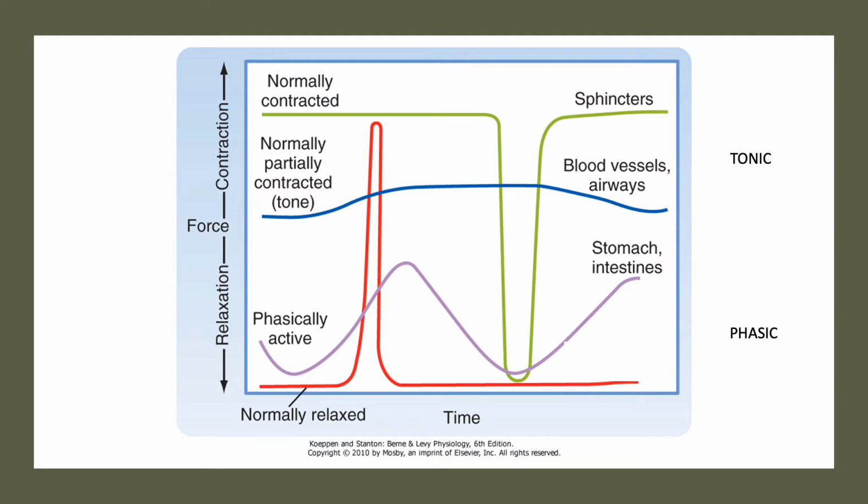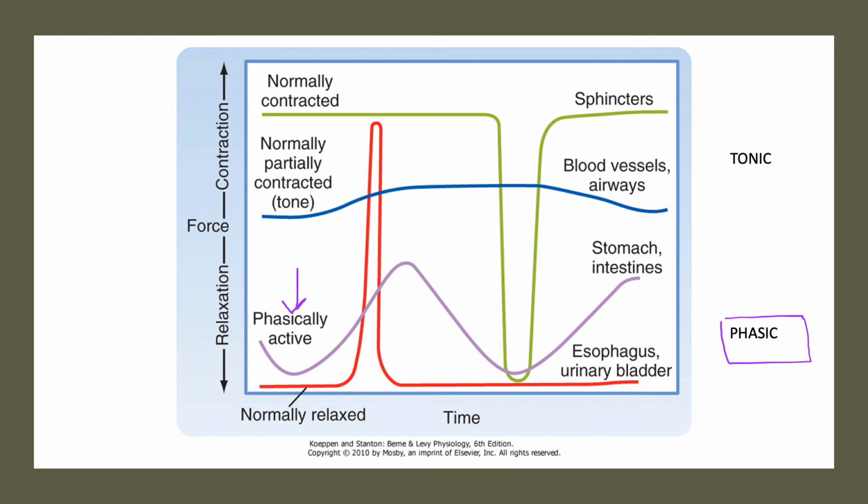In contrast then to our tonic smooth muscle, we have phasic smooth muscle. And phasic smooth muscle, it contracts in bursts. So this is triggered by action potentials, which lead to opening of voltage-gated calcium channels. So we get this influx of calcium, a rise in cytosolic calcium. And that leads to pronounced increases in contractile activity.